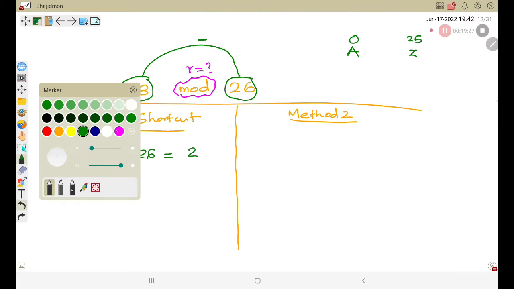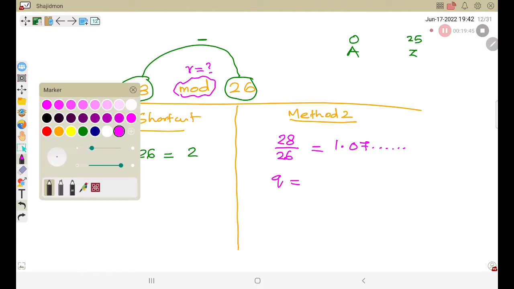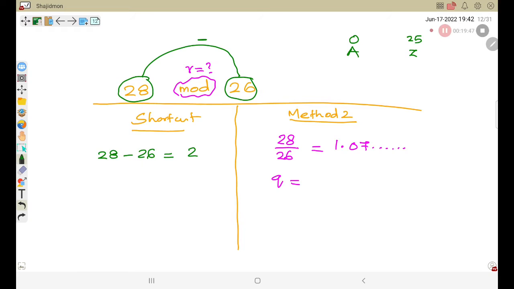Now if you want to do the actual way, how do we do it? 28 divided by 26. You remember this method from before. What is 28 by 26 from the calculator? 1.0769. So what will be the quotient? The quotient is this number 1, and then check the remainder value.